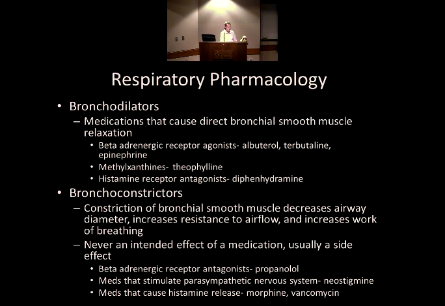So bronchodilators. These are the drugs that are going to open up the bronchus and allow more airflow to get through, and get through easier at lower pressures. There are medications that can cause direct bronchial smooth muscle relaxation. That's what's lining those bronchus. They're going to be beta-2 receptors, which is what beta-adrenergic receptor agonists are.